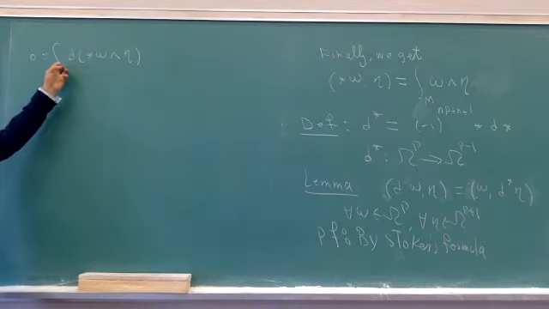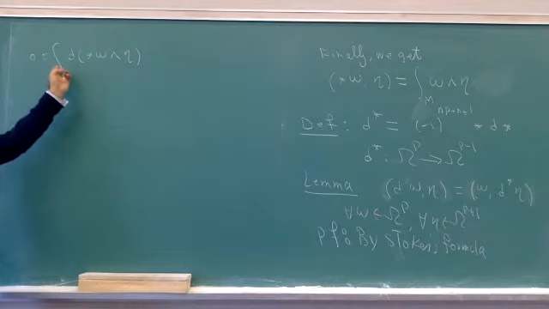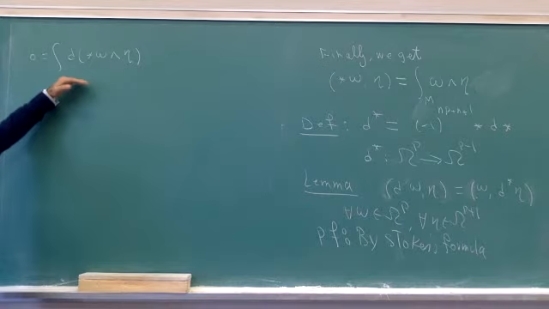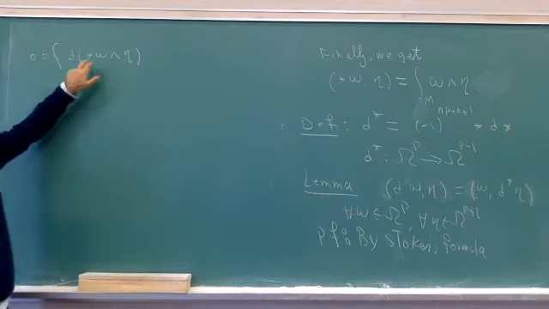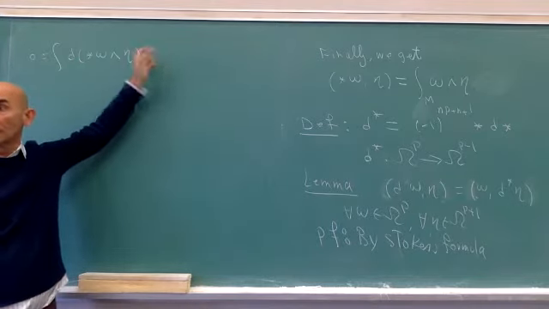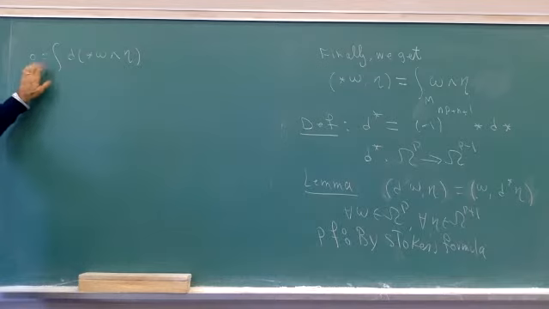You integrate over the whole manifold, and it's going to be 0, because there are no boundaries. Stokes says that this is equal to the integral of this form over the boundary, but there's no boundary, so this is 0.